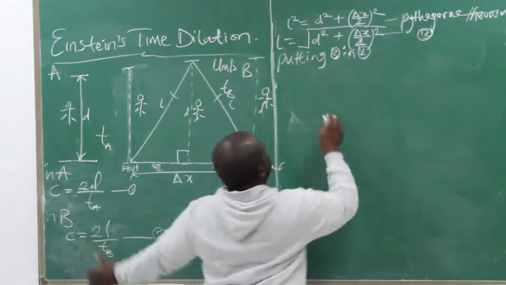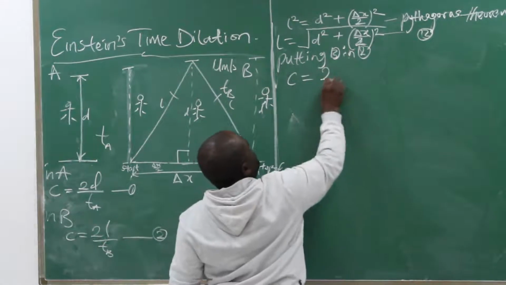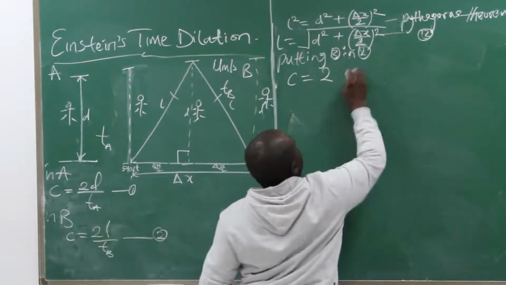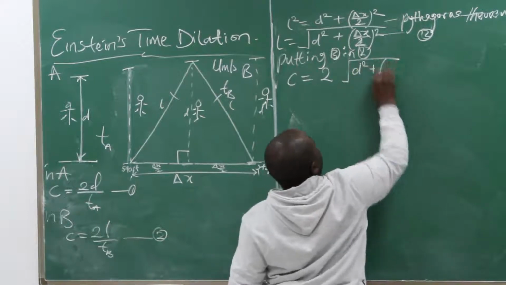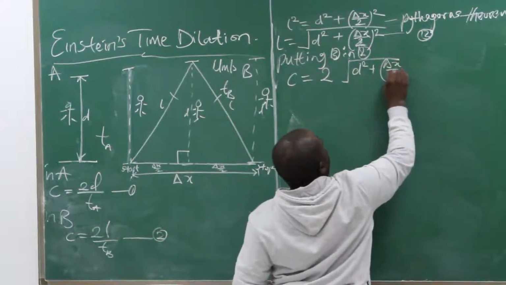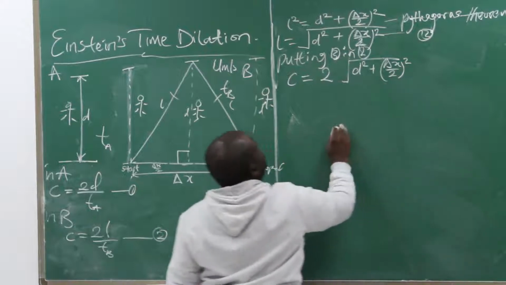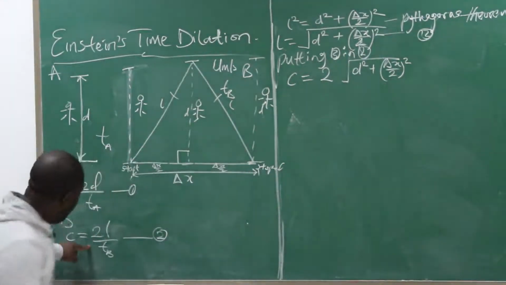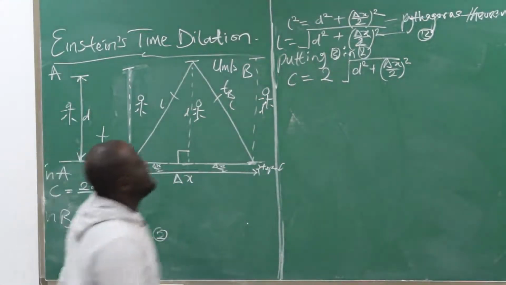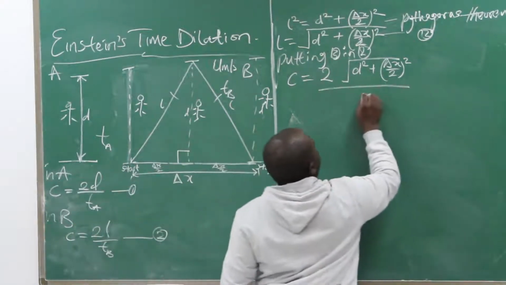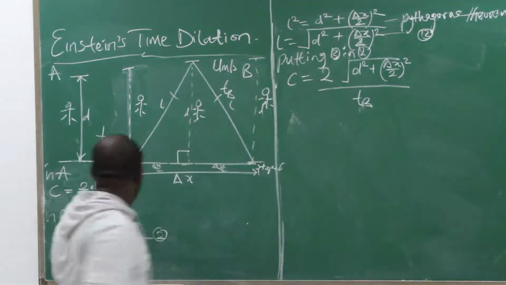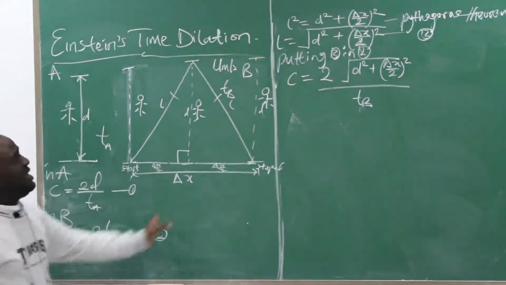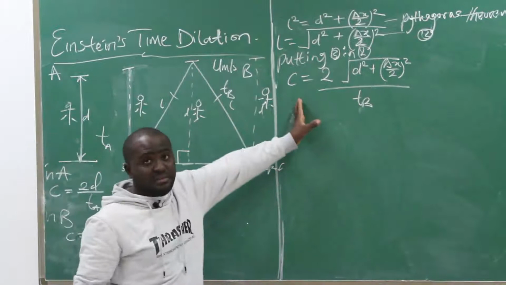So now this equation becomes C is equal to 2 times L, and L is the whole of this, the square root of d squared plus (delta x over 2) squared, all over TB, this time, the whole thing is TB. So this equation 2, as small as it was, becomes something relatively big.